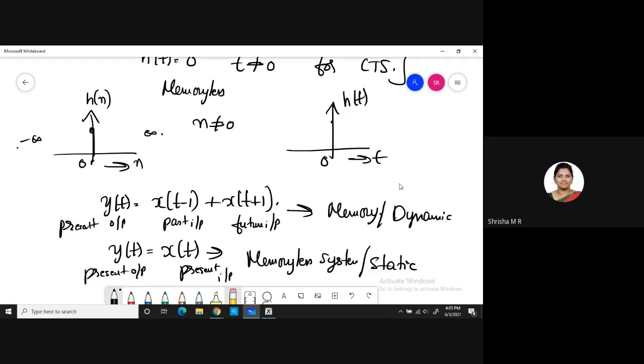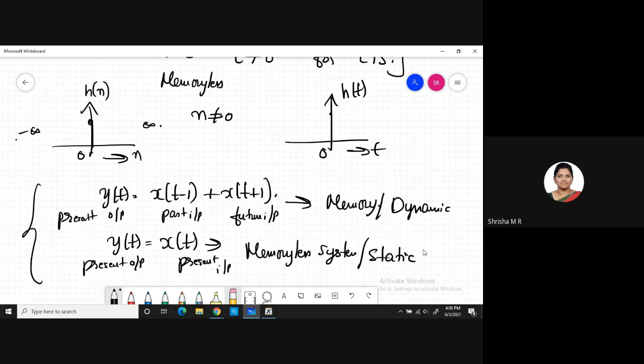You recall these? Remember these things, what we had seen with respect to input-output relationship? Yes, ma'am. If present output depends on past input, future input, or present input, it's a memory-based system. If present output depends only on present input, it's a memoryless system, right?